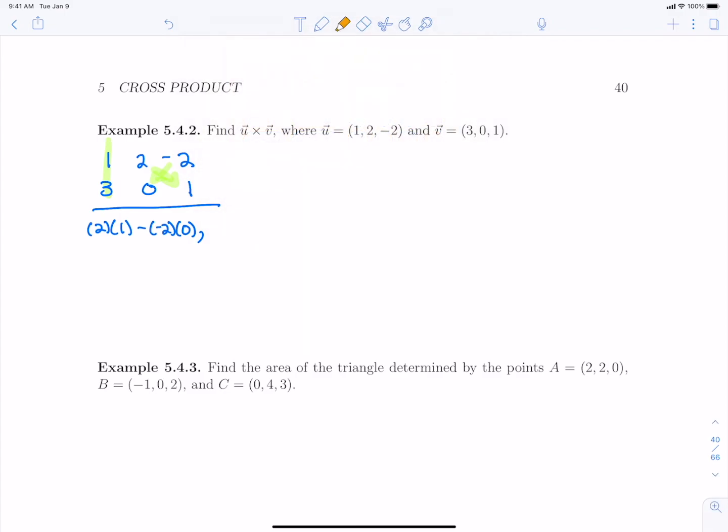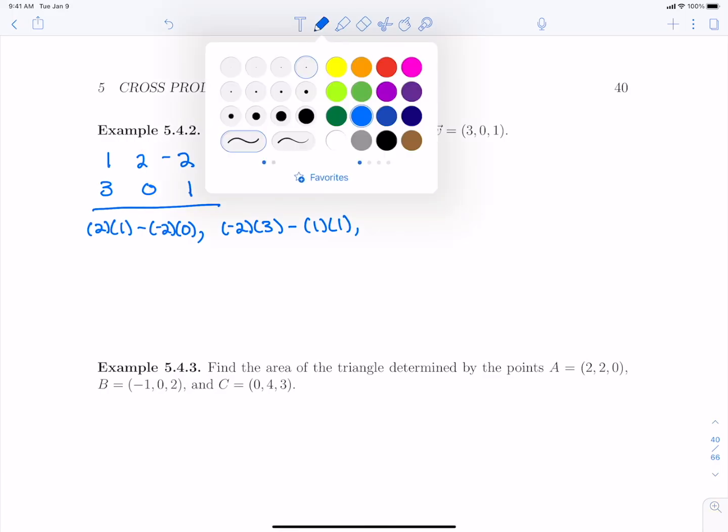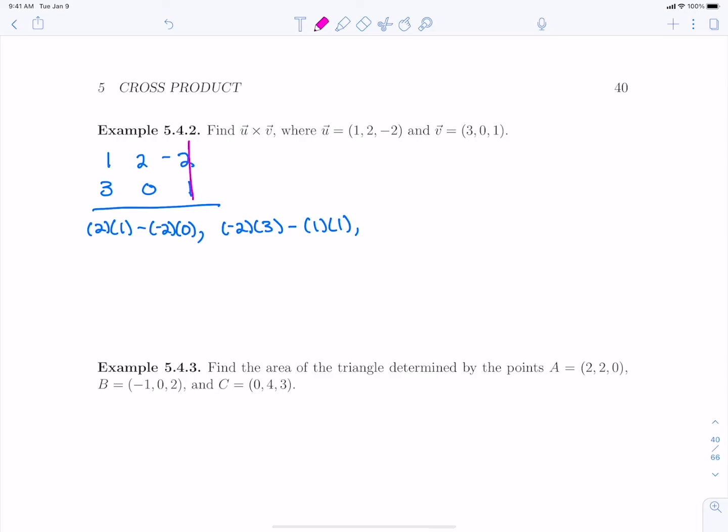And then my second component. This time I just have to remember when I'm doing the second one that I go right to left, not left to right. And remember the first column, you act as though it's not crossed out anymore. So we take the greens off. And this time I go with what's not crossed out, and I'd have negative 2 times 3 minus 1 times 1. And now I go to the third, and again, I cross it out.